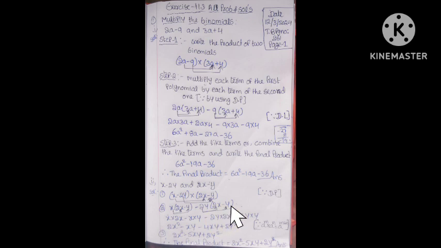Then again the distributive property: x into 2x minus x into y minus 2y into 2x, plus, since minus into minus is plus, 2y into y.